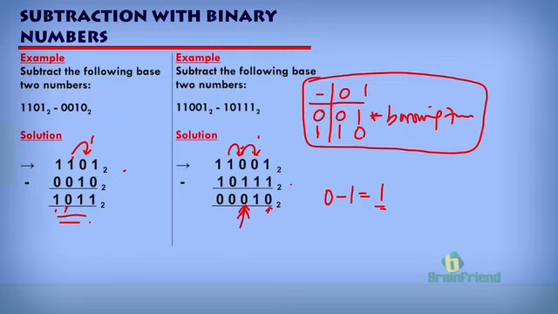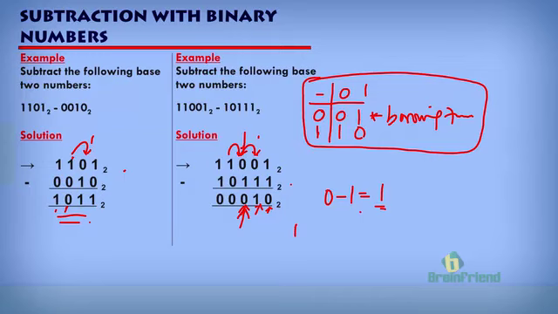Let's go over it again. We said 0 minus 1 will always give us 1. But to do that, you need to borrow from the most significant bit. So we borrowed from our most significant bit here. We already put down that value. 0 minus 1 is 1. Now, before we borrowed, 0 minus 1 here gave us 1.